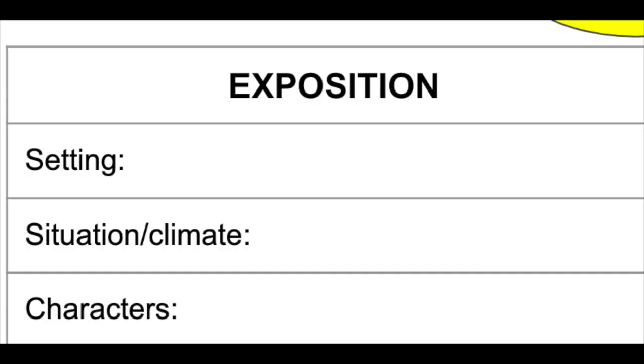So the exposition in the bottom left-hand corner is where you want to look at first. Exposition is simply the background information of the story. This is where the author gives you, okay, this is where this takes place, when it takes place, here are your main characters.